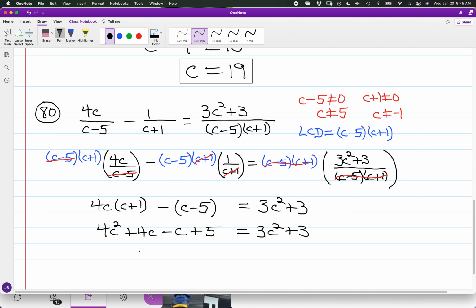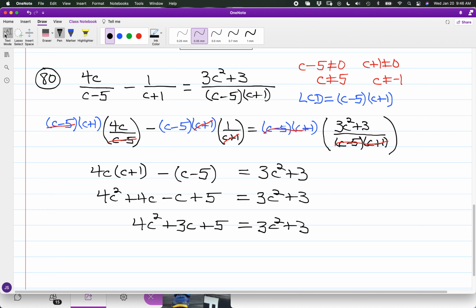As we gather like terms in the middle of the left hand side, you have 4C squared, 4C minus C becomes 3C, plus 5, and this is equal to 3C squared plus 3.